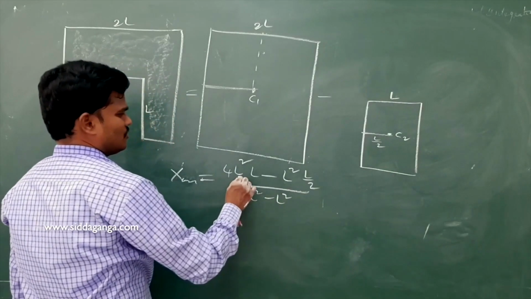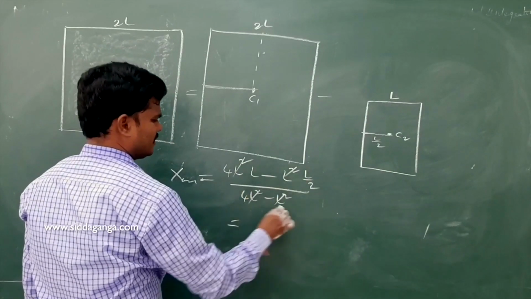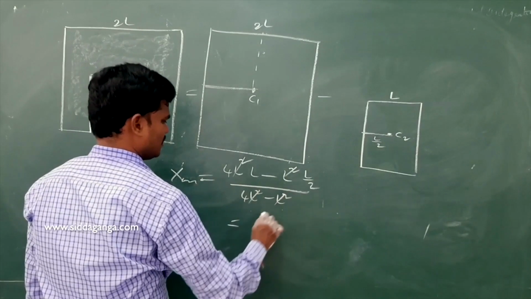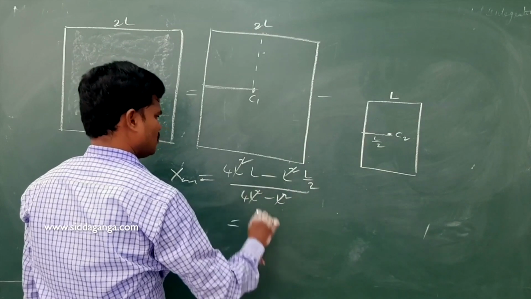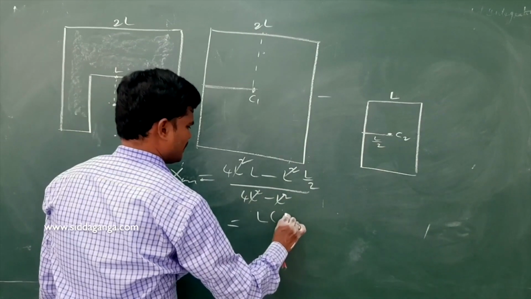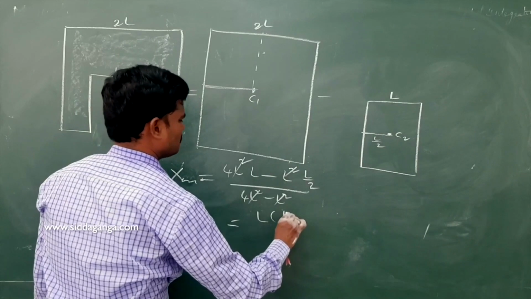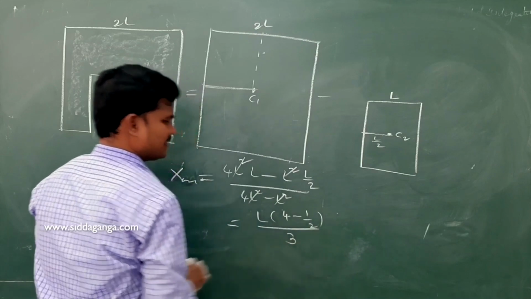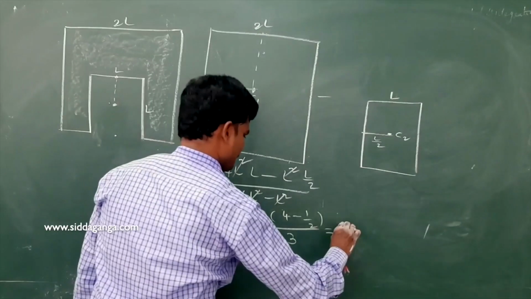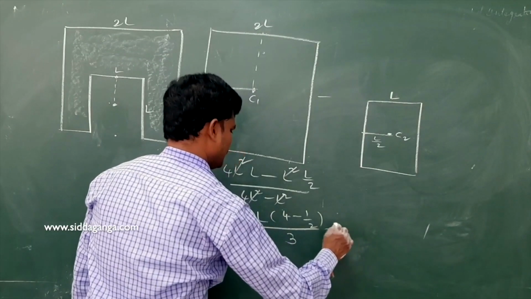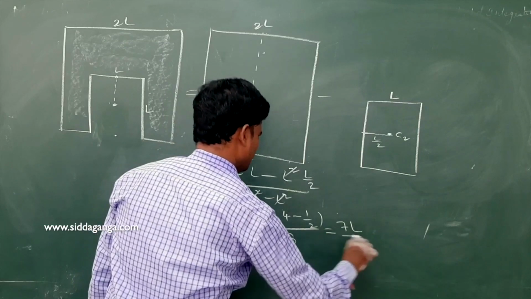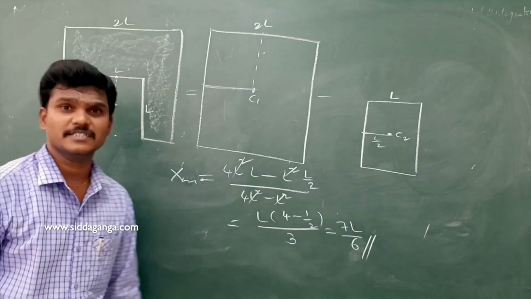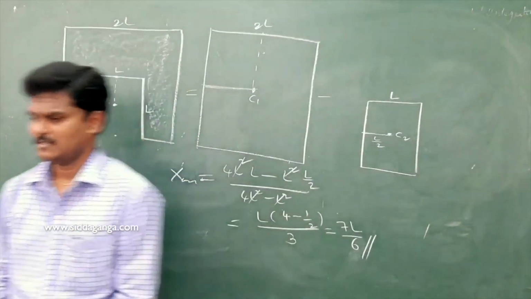So L square here, 3 and here 4L, L cancels. 4 minus 1 by 2 by 3, so you will get 7L by 6. 8 minus 1, 7, 7L by 6. Check the calculations.